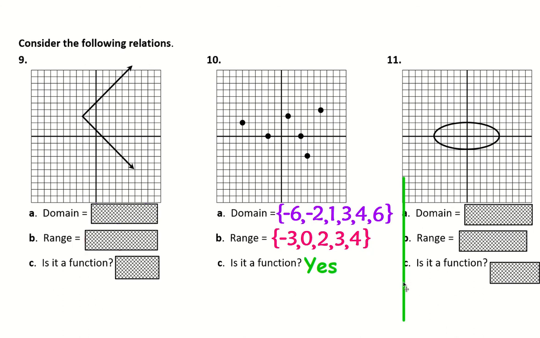And so that's why this is a yes, because a vertical line will never hit this graph in more than one place. But this guy over here, look at this.